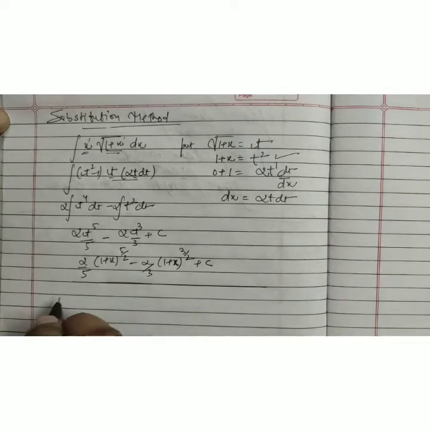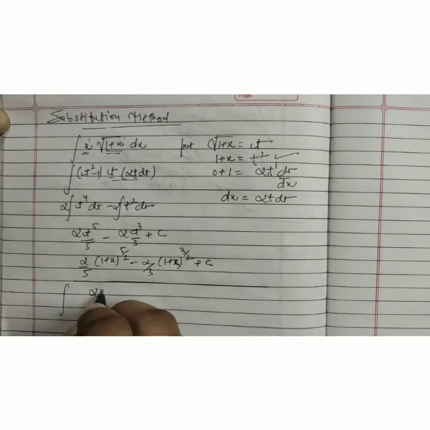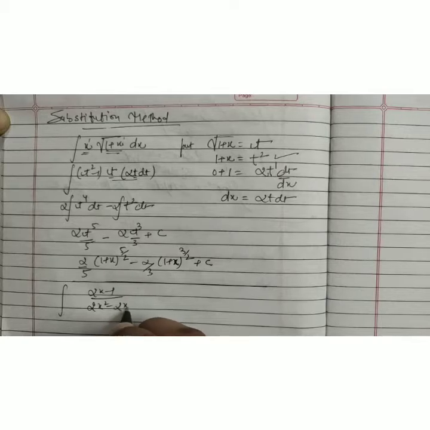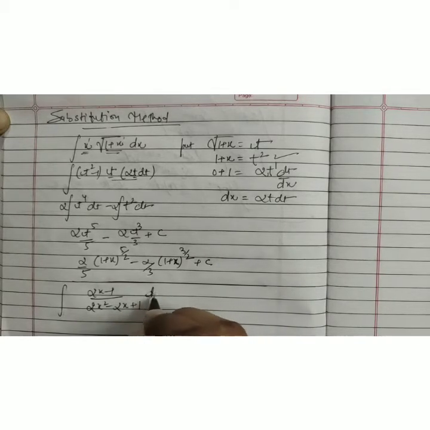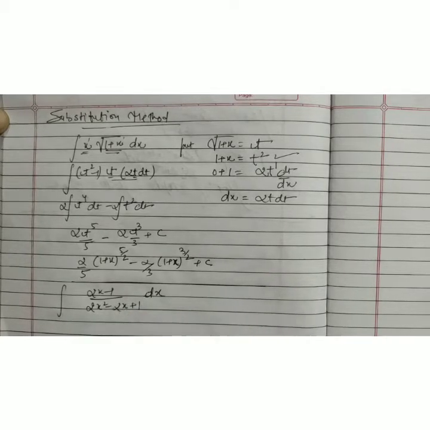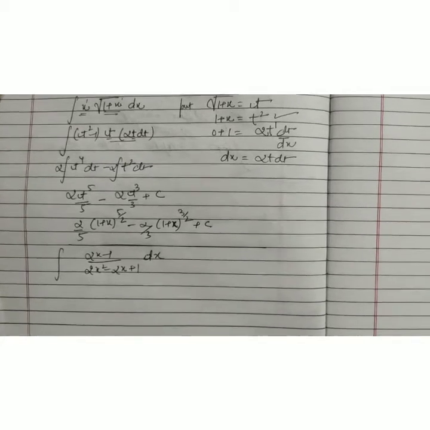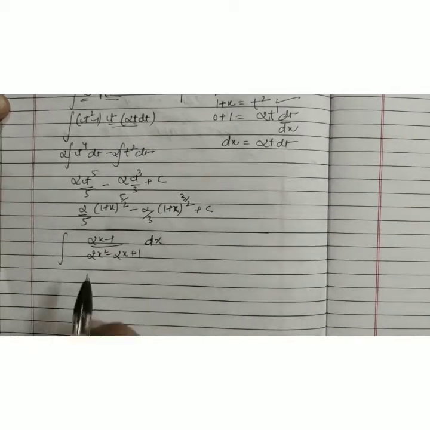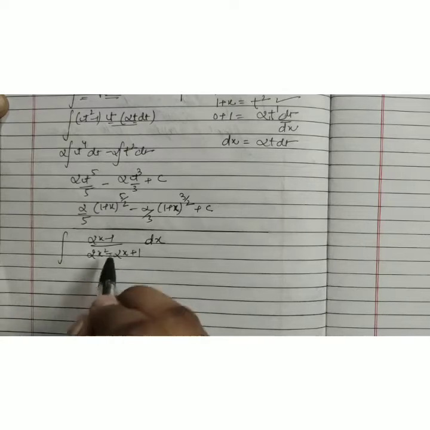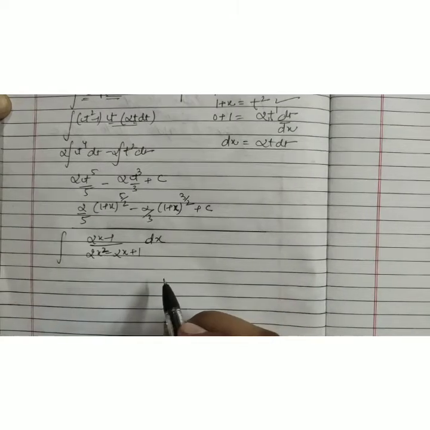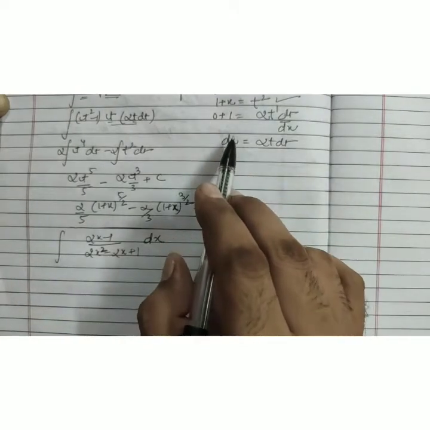Another example we are taking here, integration of 2x minus 1 divided by 2x square minus 2x plus 1. If you see here, numerator and denominator are there. In this type, there is a difference of degree 1. In this case, as you know, during substitution we put a variable and we take the derivative.